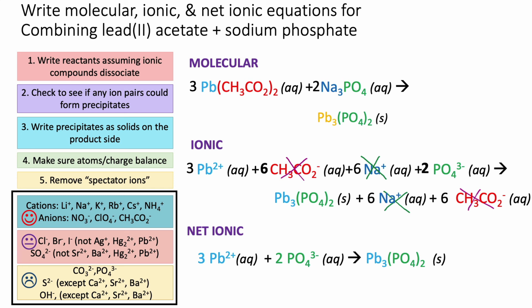Here's our lead phosphate, and we also have 6 moles of sodium acetate. So again, here we have our molecular, our ionic, and our net ionic equations for the combination of lead acetate and sodium phosphate to give us lead 2 phosphate.